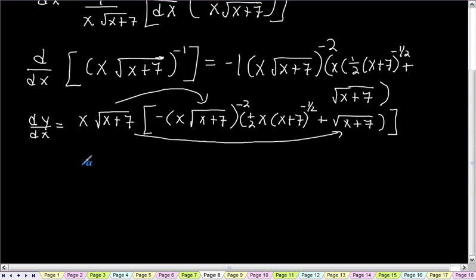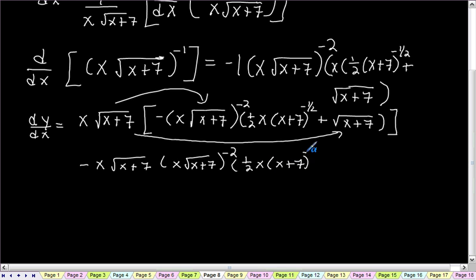So this becomes negative x radical x plus 7 times x radical x plus 7, negative 2 times 1/2 x in parentheses (x plus 7) to the negative 1/2, plus I'll multiply this times that over there, so this becomes x square root of x plus 7 times the square root of x plus 7.